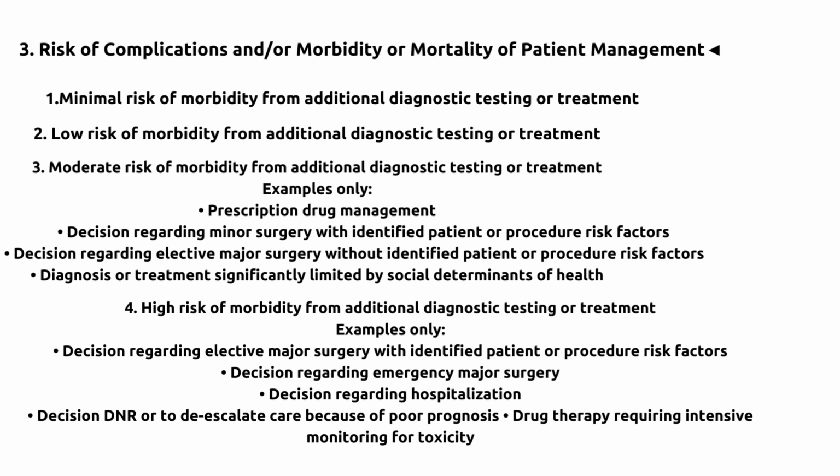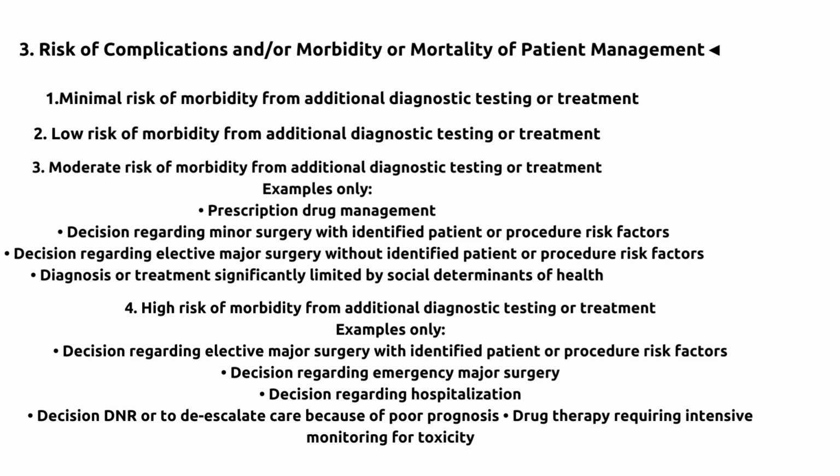Decision regarding minor surgeries with identified patient or procedure risk factors. Decision regarding elective major surgeries without identified patient or procedure risk factors. And the diagnosis or treatment significantly limited by social determinants of health.